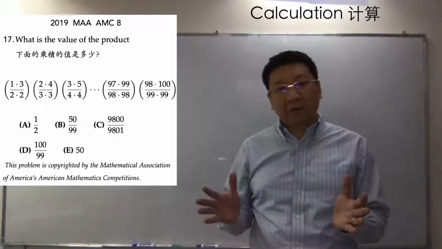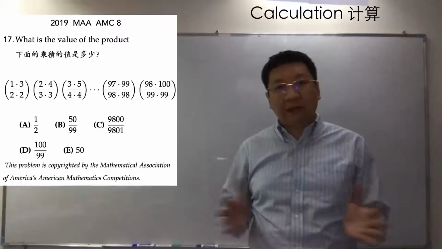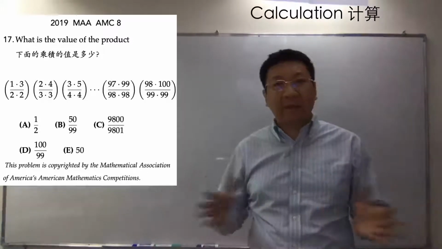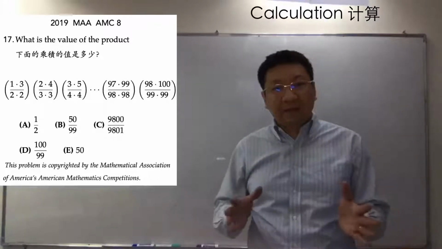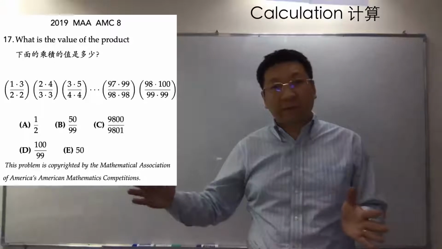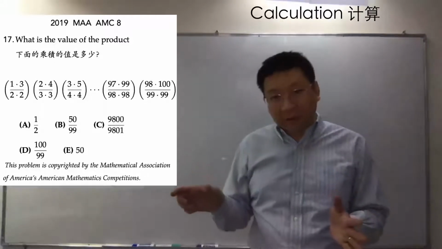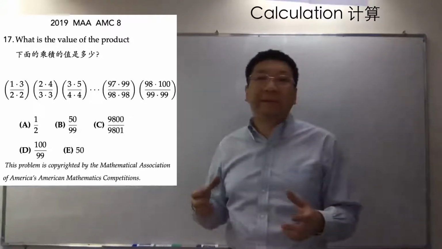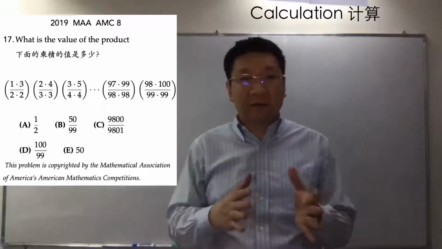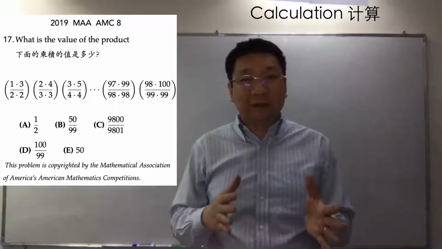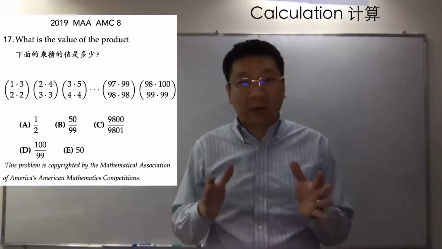This question is to calculate the product of many complicated fractions. And for things like that, where not all the fractions can be listed, there are dots in the middle, you know what would be the typical method, or what would be the typical structure in order to do this calculation? That method is called what?